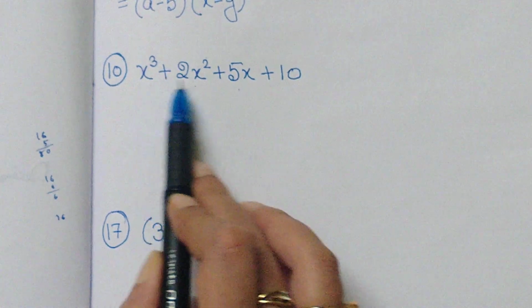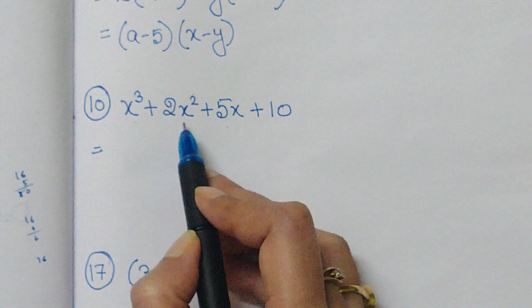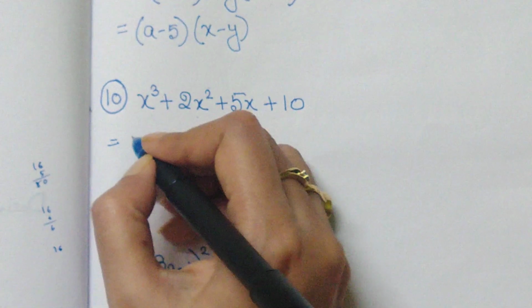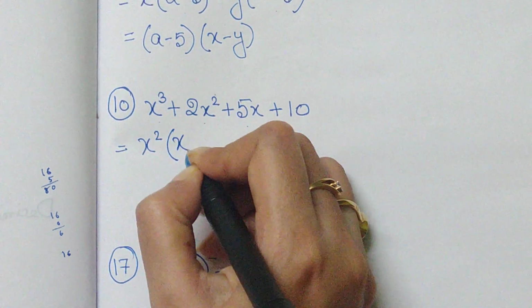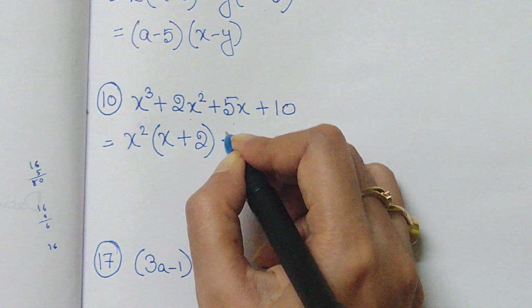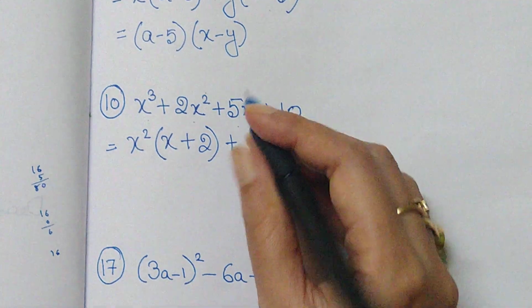First, I can group these two terms. In order to take common from these two terms, I can take x square as common. So this will give me x plus 2 plus, so from these two terms I can take 5 common.